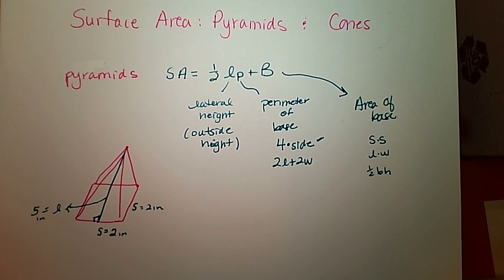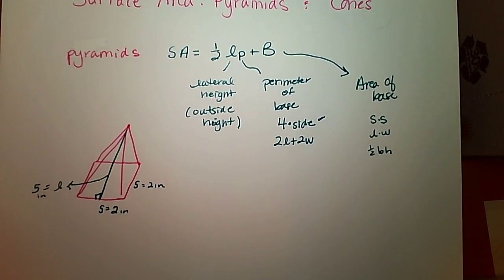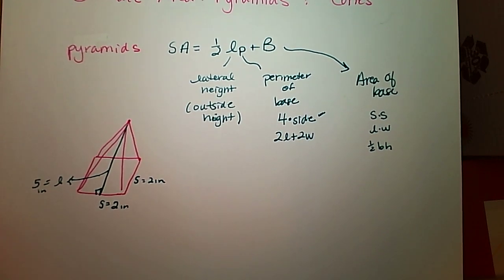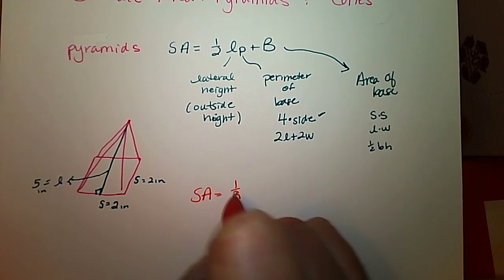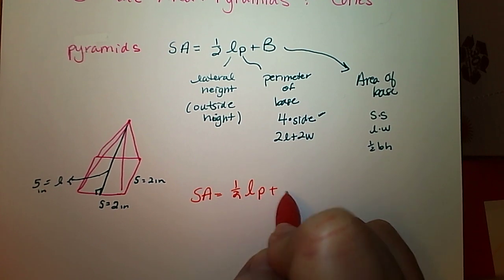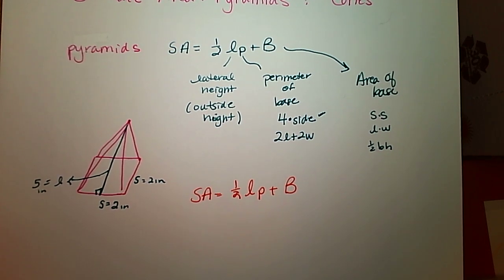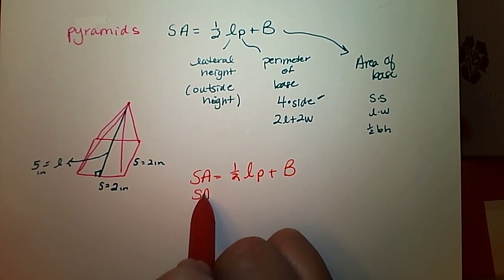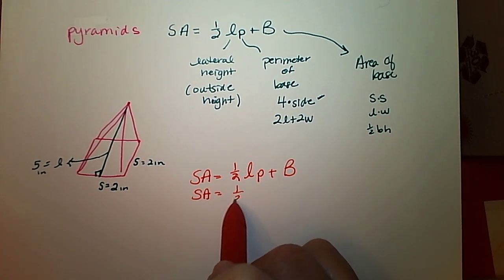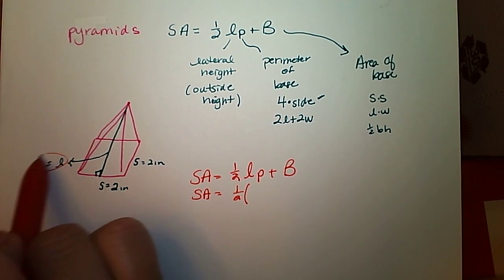So how do I put this into the formula that I have? I'm going to calculate my surface area. So surface area equals 1/2 LP plus big B. So now, my surface area, which is what I'm calculating, is 1/2 my lateral, which we said here was 5.